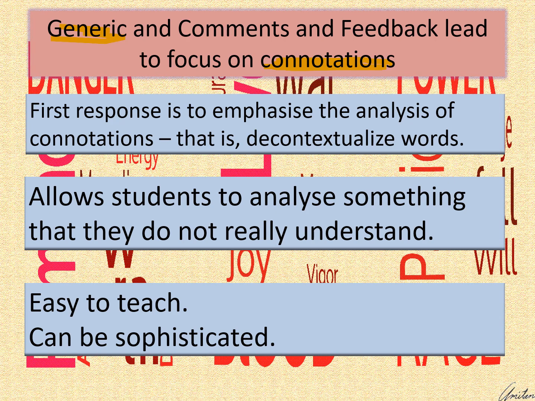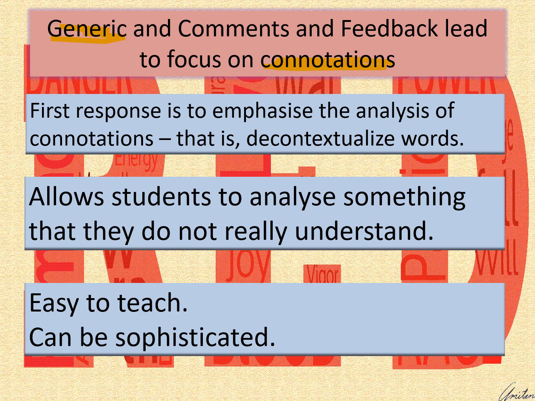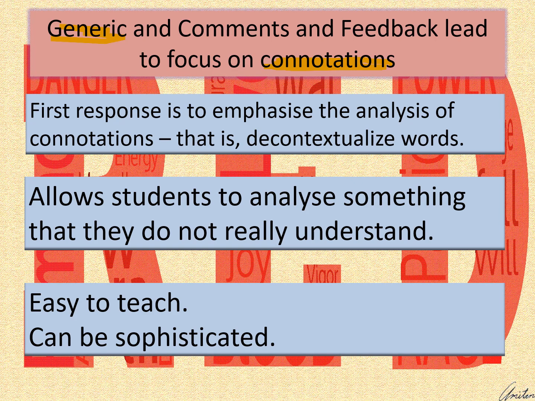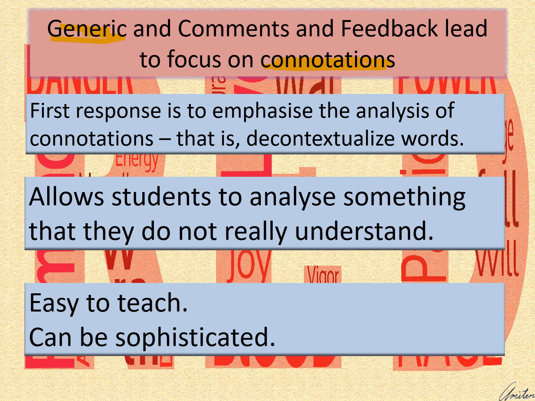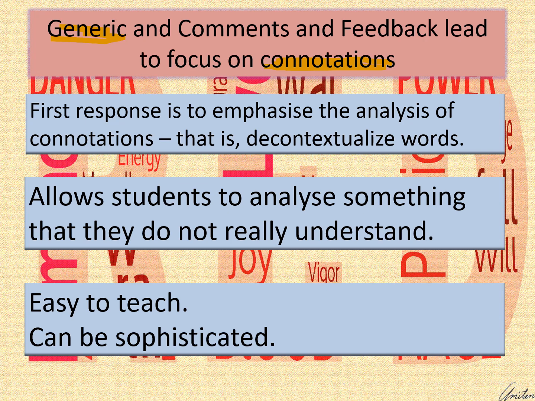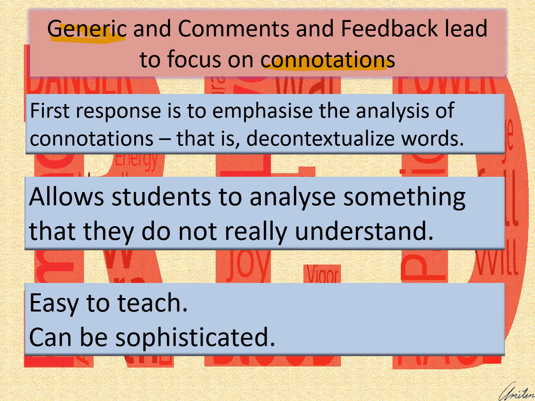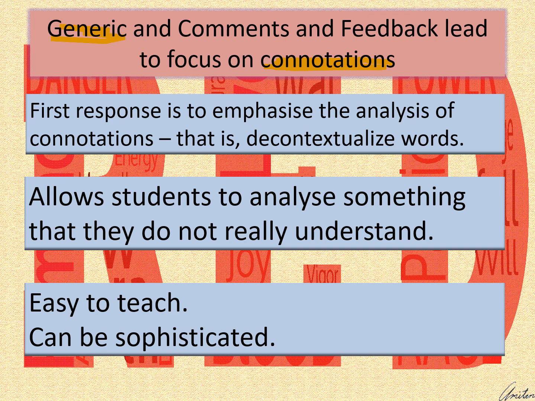On one hand, denotations relate to the dictionary definition of a word, so the physicality of it. So sun, the denotation of a sun in the sky will be that it's hot, it's a ball of gas. The connotations could be things like passion or life-giving.